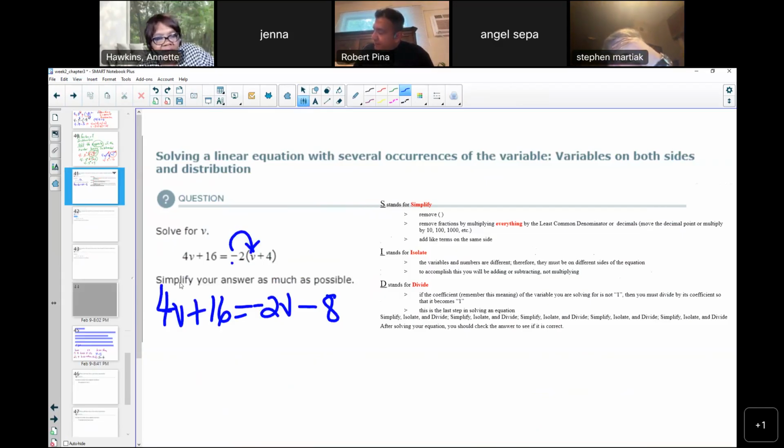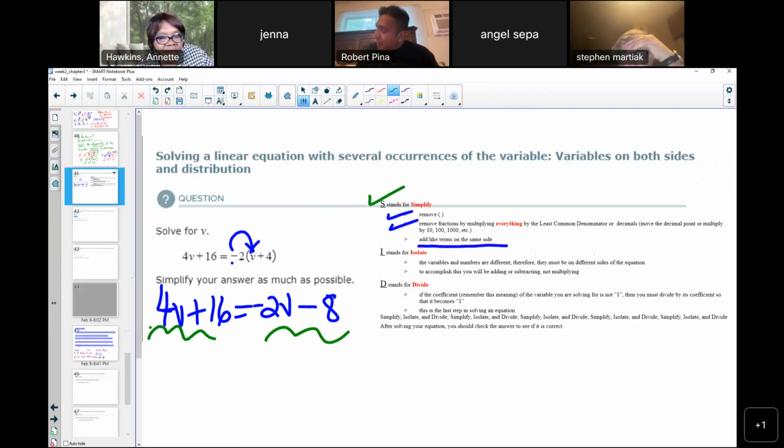Now it says remove fractions and decimals if you have any. We don't have any fractions or decimals. So we complete that. Now it says add like terms on the same side. This is the left side, and this is the right side. We don't have any like terms on the same side. So we have finished simplifying.